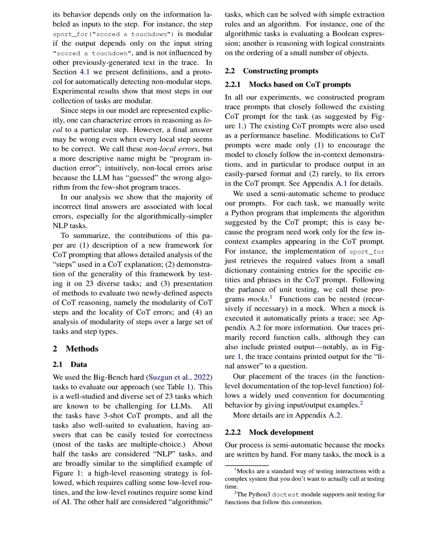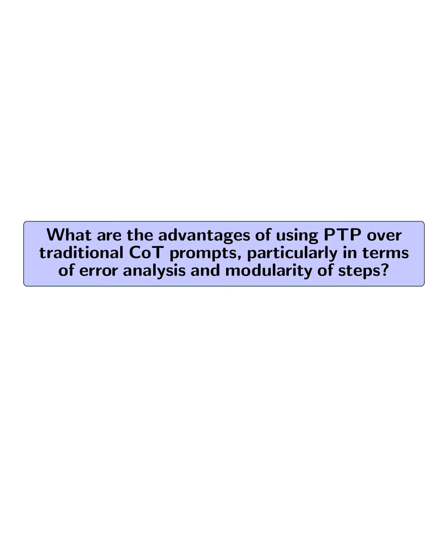This example illustrates how PTP structures the reasoning process into modular steps, allowing for clear input-output relationships and facilitating error analysis. What are the advantages of using PTP over traditional COT prompts, particularly in terms of error analysis and modularity of steps?